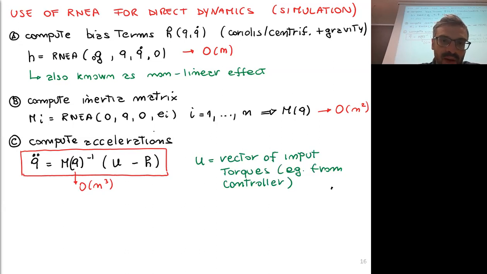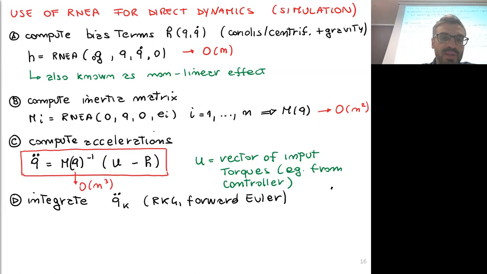Then we have as input the vector of input torques, for example, coming from the controller, and we get as output the vector of joint accelerations. And then we need to update the states. From the acceleration, we need to compute the velocities. From the velocity, we need to compute the position. And to do so, we need to employ an integration method that could be, in this case, the most adopted one, because we are not dealing with a stiff differential equation in case of a manipulator in free motion.